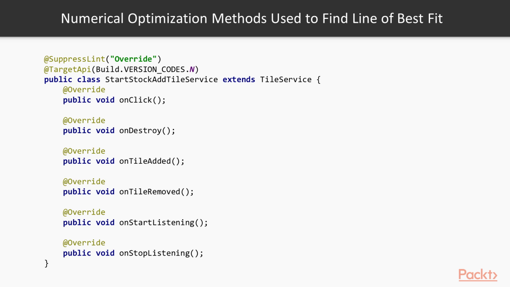So tile service basically consists of a few methods that you need to implement if you want to achieve certain functionality. In our case, we'll just implement the onClick method. That means when you click it, you will do something. And then there are a few lifecycle methods like onDestroy.